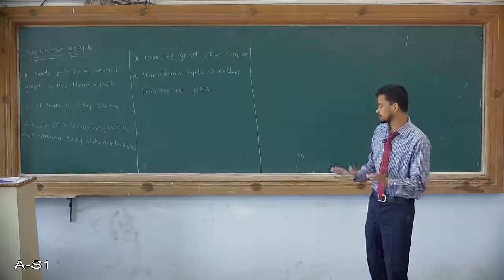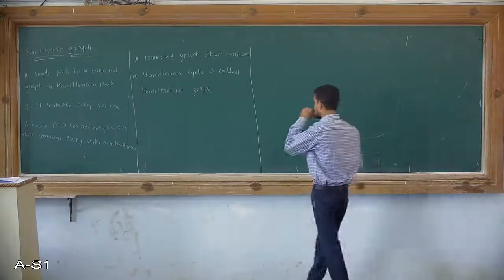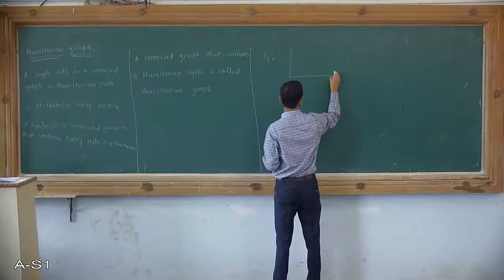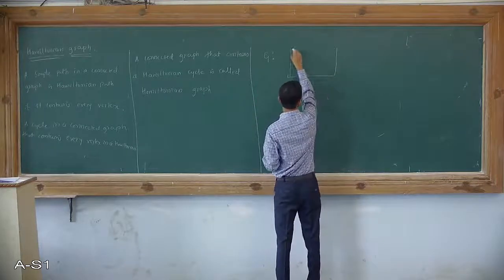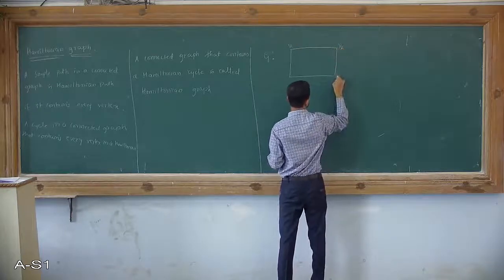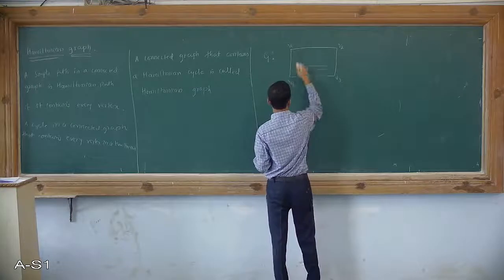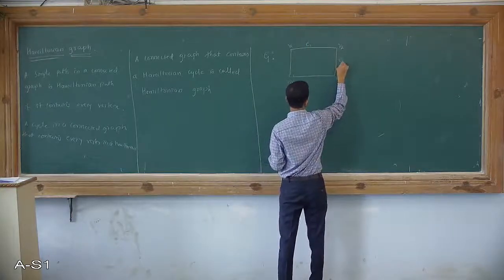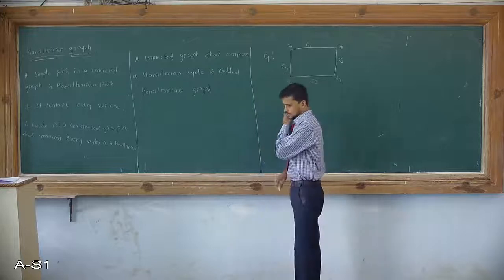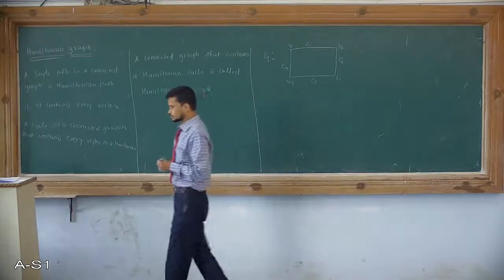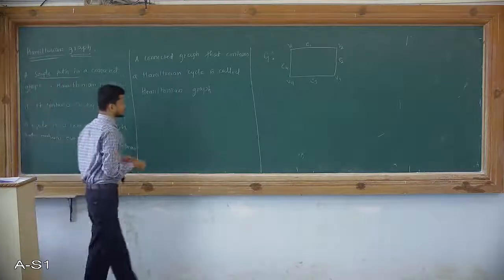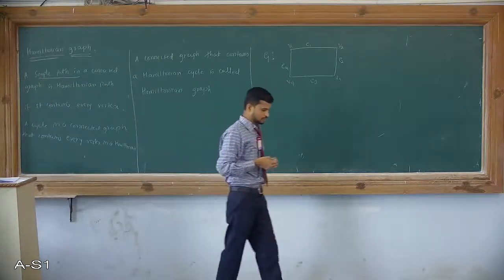So starting with the first example, suppose G is a graph with vertices V1, V2, V3, V4 and edges E1, E2, E3, E4. First and foremost, the question is what a path is. Just now we have gone through the definition of a path.